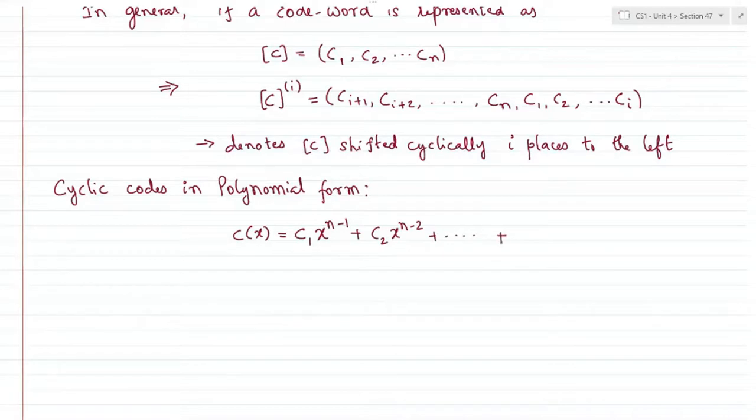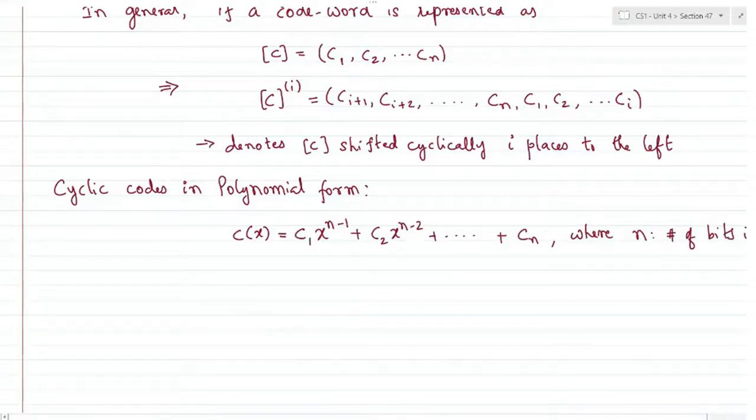When we take specific cases, it will be more clear, but we'll have to understand the structure of the cyclic code in the first place, where n is the number of bits in the code word.